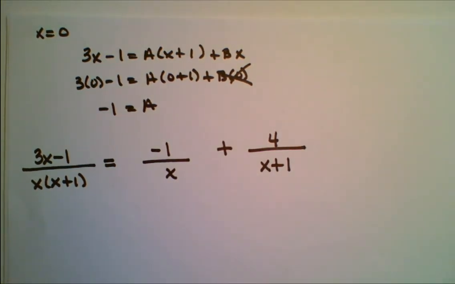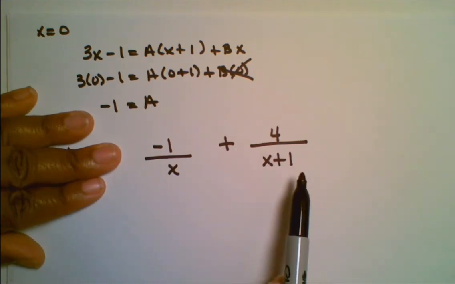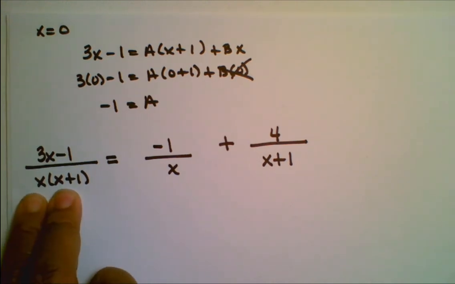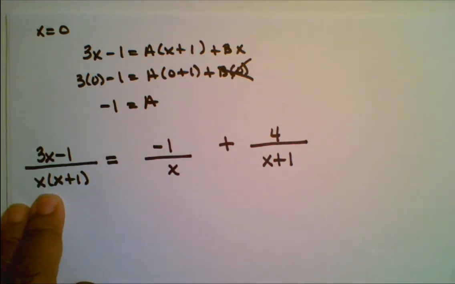So if you were given negative 1 over x plus 4 over x plus 1 and asked to add those together, this would be our result: the 3x minus 1 over x times x plus 1. Yeah, this would be our result.